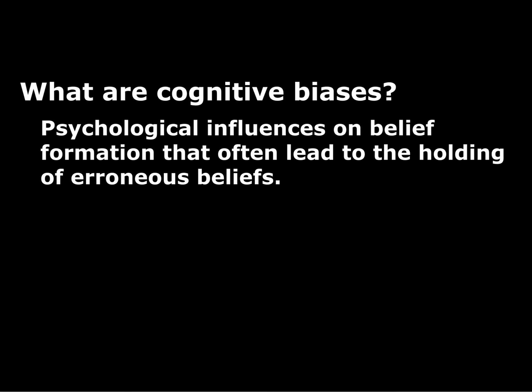What are cognitive biases? This is chapter 6. This will be the last chapter of the book and the last topic. Cognitive biases are roughly psychological influences on belief formation that often lead to holding of erroneous beliefs.